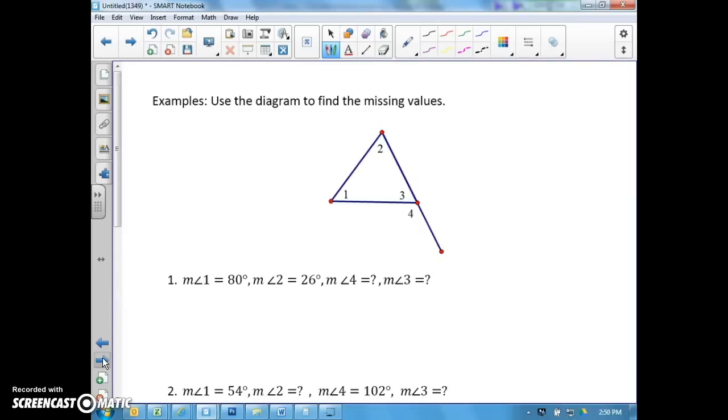All right, quick how to do some examples here. If you're given this situation, we can use the exterior angle theorem to help us out quite a bit.